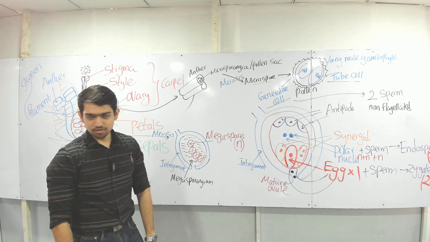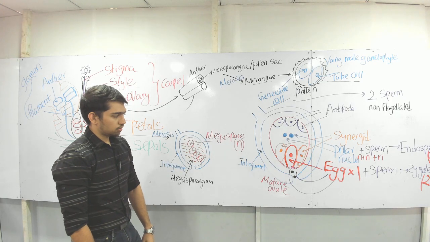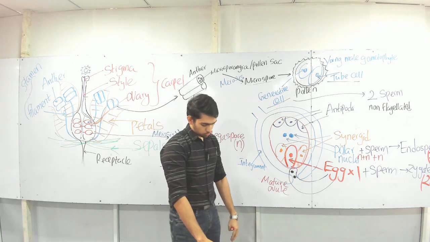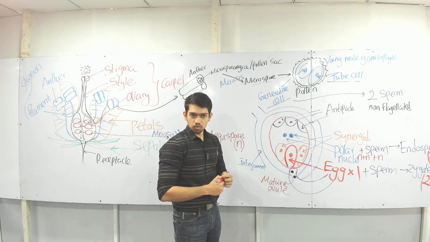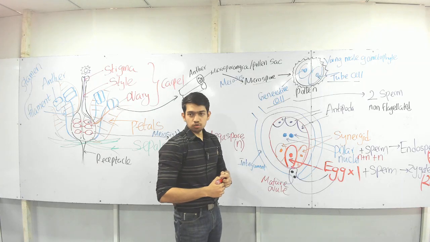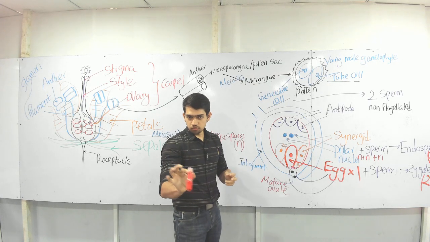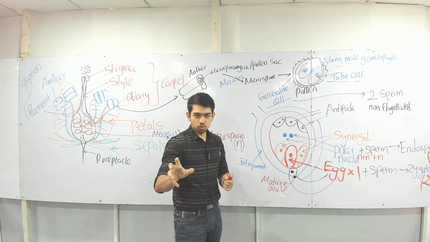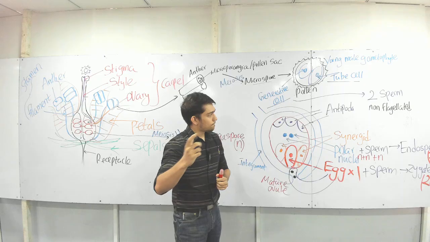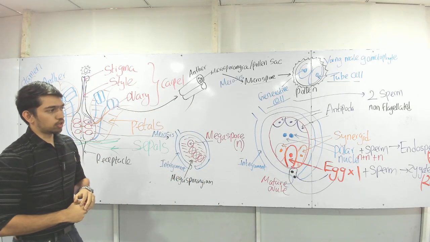Clear? I just wanted to tell this story before we end for today, right? So we'll talk about the rest of fertilization next week. Any questions? Watch the recording. I'll send it to the group if you don't understand anything. Watch it not tomorrow, maybe the day after tomorrow, and see if you understand.